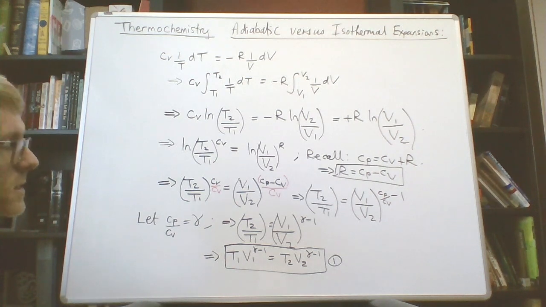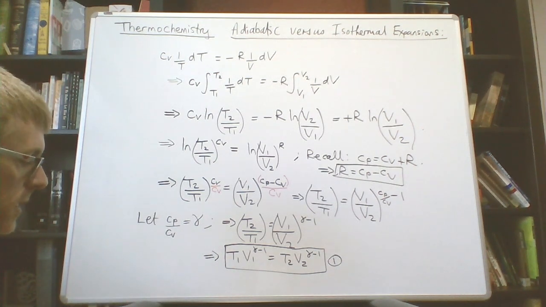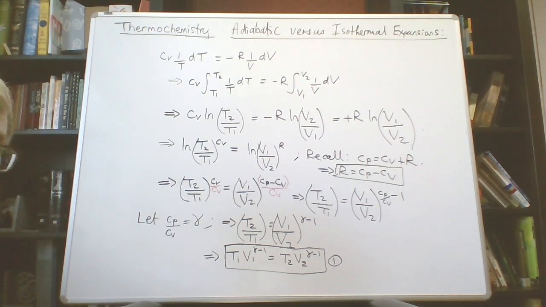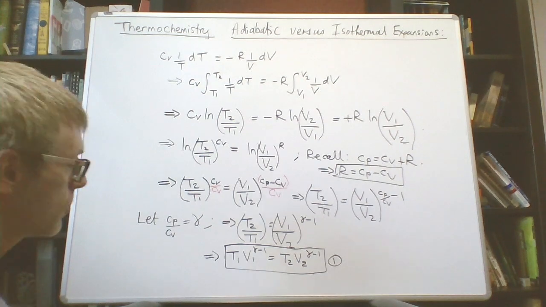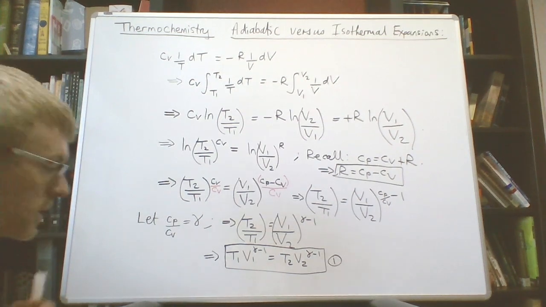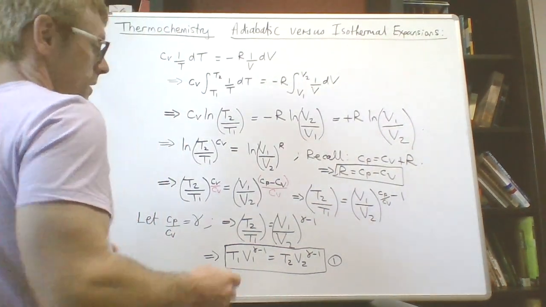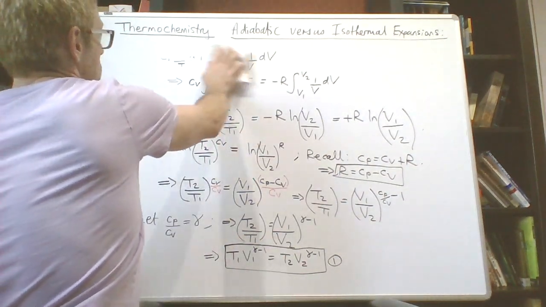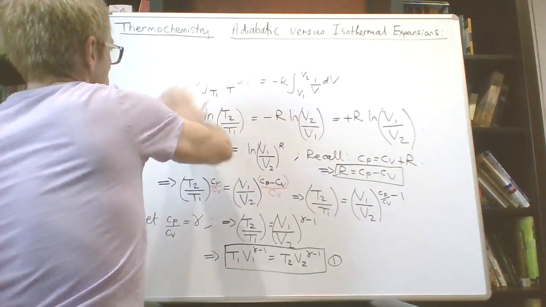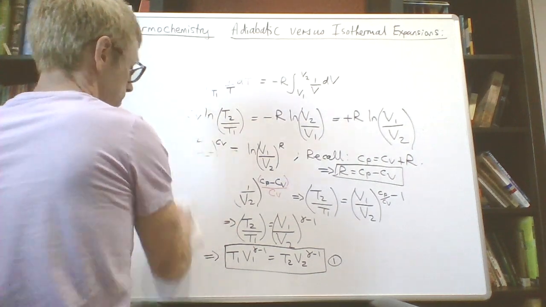I'm going to have to erase something, and we're almost done providing the big equation, which is going to come next. But I need a bit more board space to do it. So we're going to erase this real quick and look at our next equation.